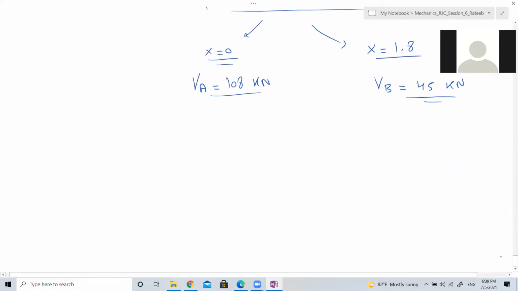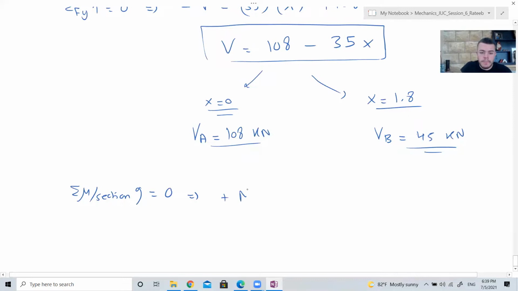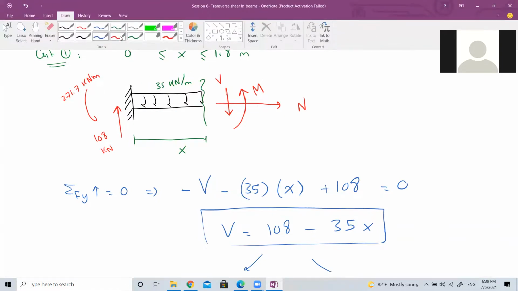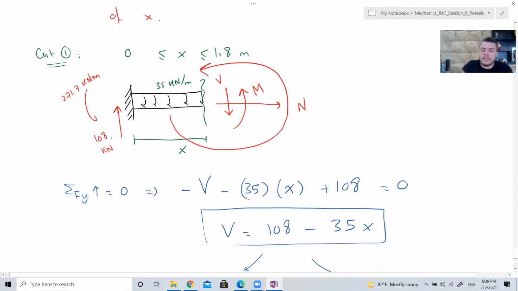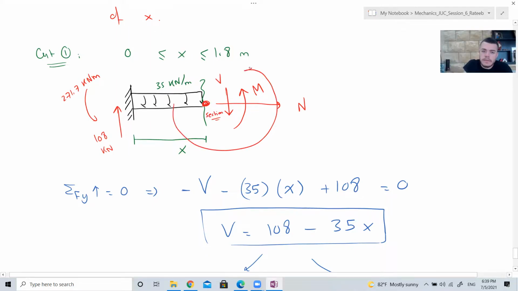Next, the summation of moments about the section is equal to 0. What moments do we have? We have M, plus or minus. Anti-clockwise is plus.